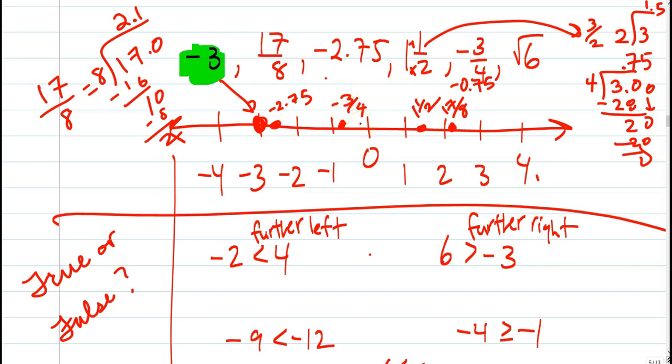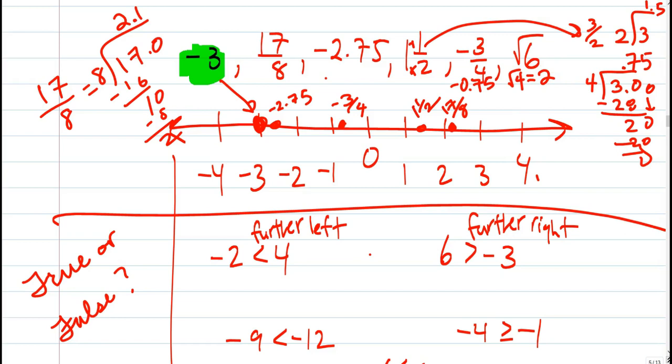And last but not least, where does the square root of 6 go? What number times itself makes 6? I don't know, but I know what it's between. I can't do the square root of 5, but I can do the square root of 4. The square root of 4 is 2.